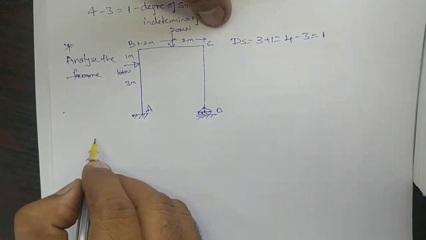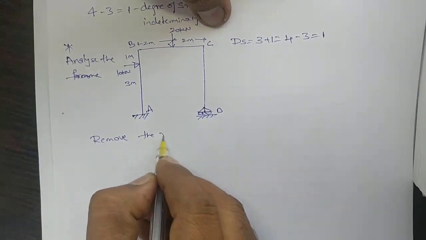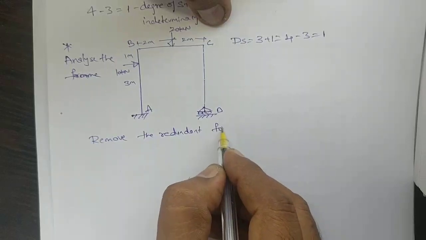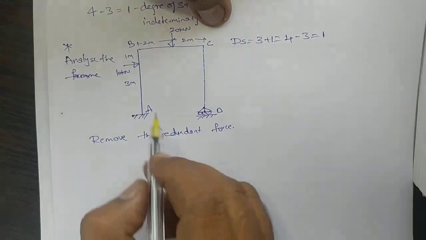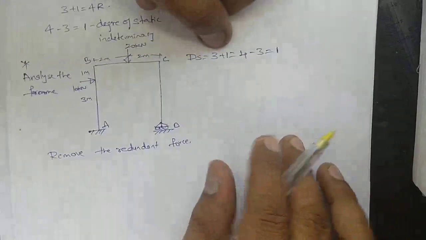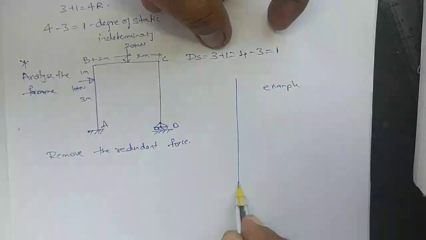First remove the redundant force. 3 plus 1, 4 are there. One force we have to remove. The example I will tell you is how we will solve.